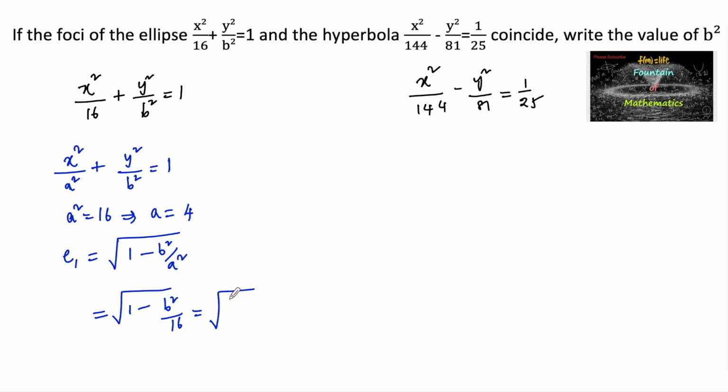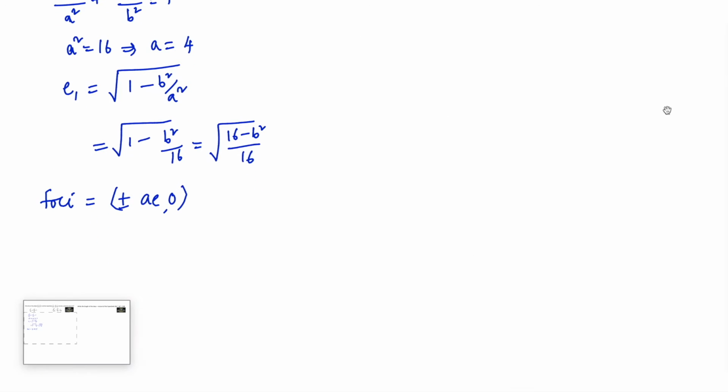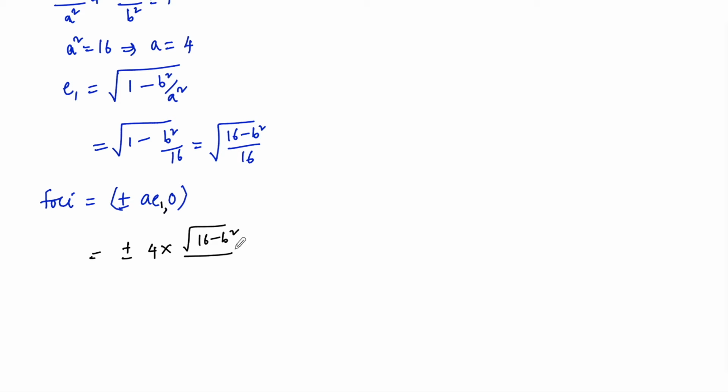So we can write under root of 16 minus b square upon 16, and the foci of an ellipse can be considered plus or minus ae, comma 0, which can be taken as plus or minus a value, 4, into e1 value, root of 16 minus b square upon square root of 16, which is 4, comma 0. We can cancel this 4 and 4, so we can take plus or minus root of 16 minus b square, comma 0.